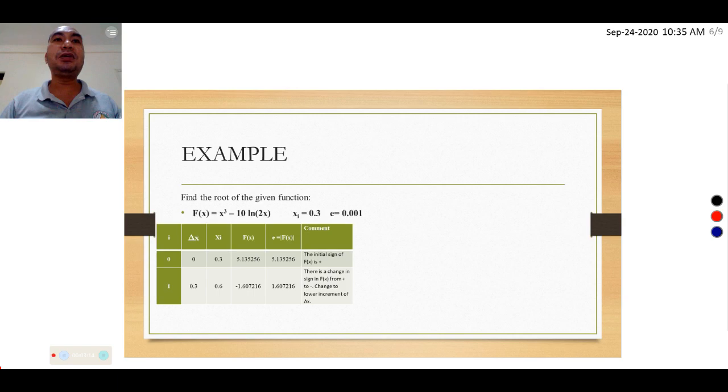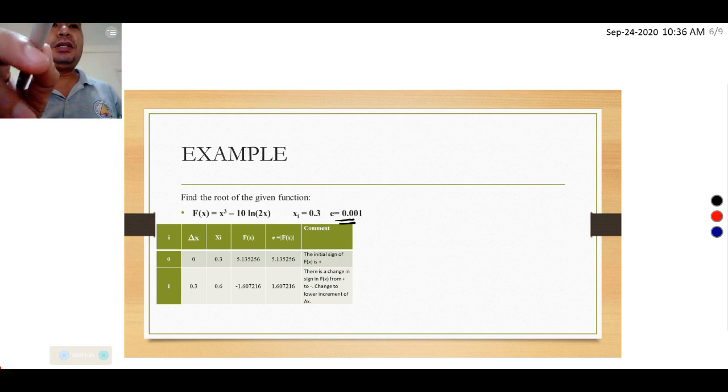F of x equals x cubed minus 10 ln of 2x, and we are given xi, which is 0.3, and e, which is equal to 0.001. So we need to stop after achieving the value of e, which is 0.001.